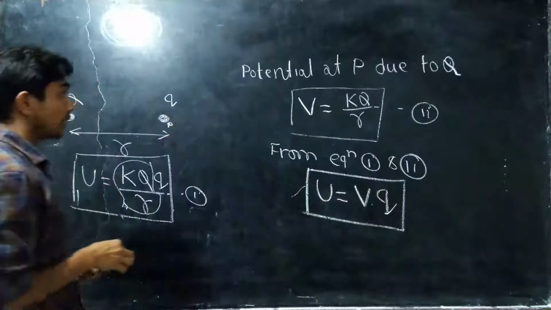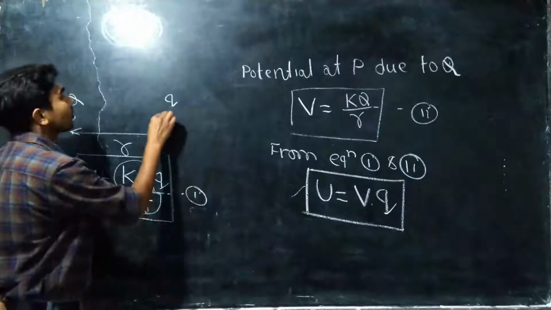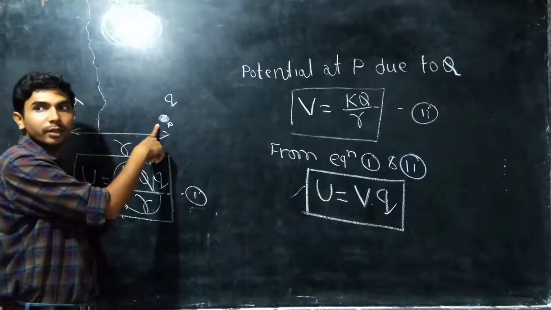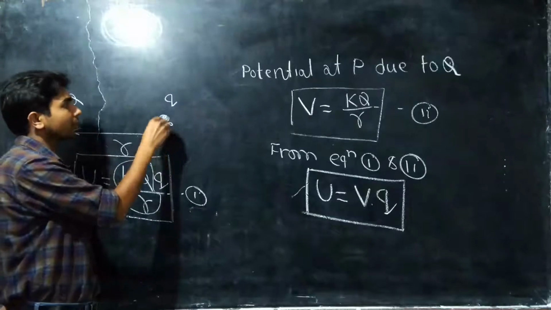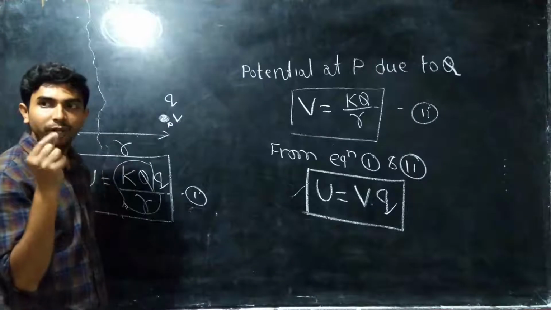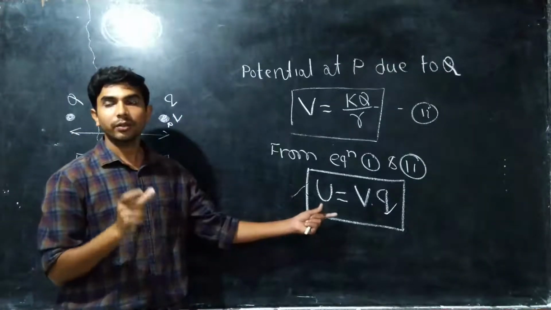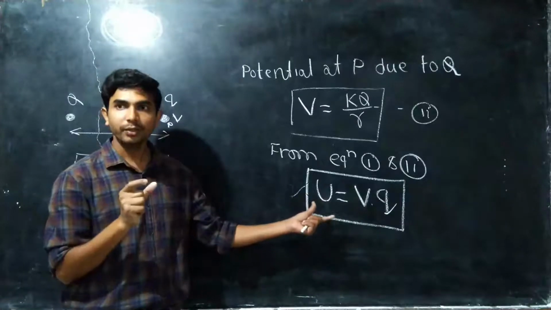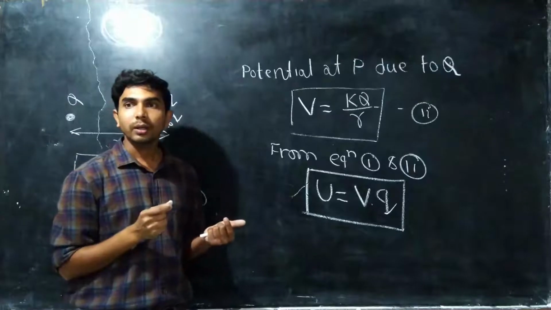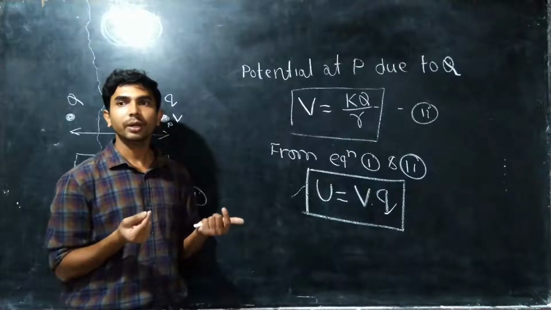Okay. So just write it down. Suppose the potential at any point is V. Suppose here the potential is V. Then how much is the potential energy of a charge if I bring a charge here? This much, this is the potential energy of the charge. And this potential energy of the charge is equal to the work done by external, because the definition of potential energy is work done by external.